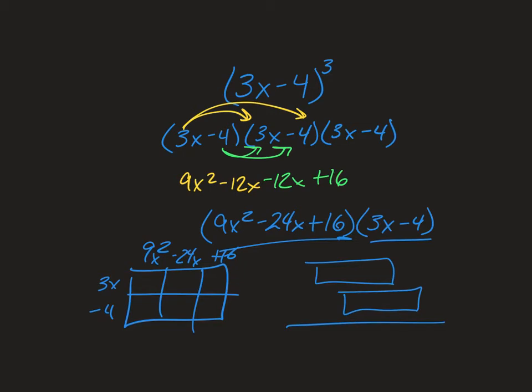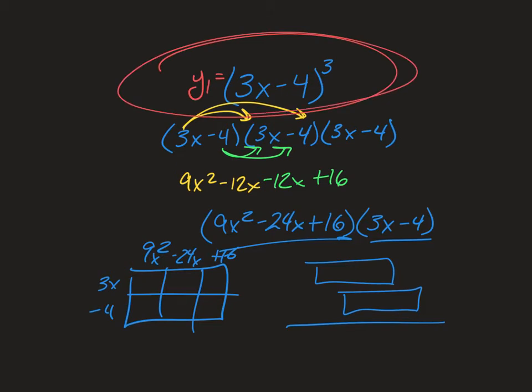Here's one thing I definitely want to emphasize to you, and I hope if you catch anything you're listening. This is a calculator tip as well. Checking your answer. If I get y1 and type the original question in my calculator, and then I type the result in my y2, their tables should match identically.